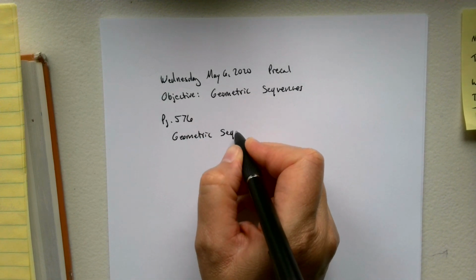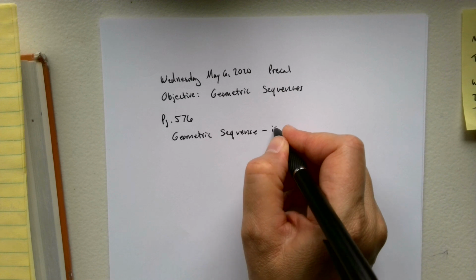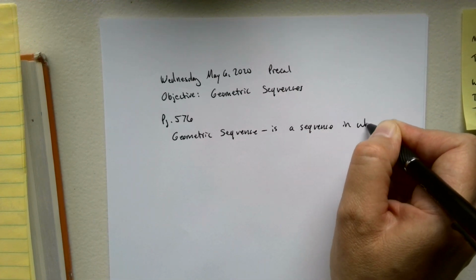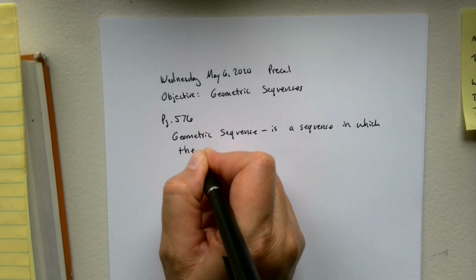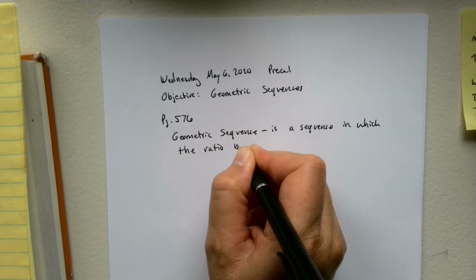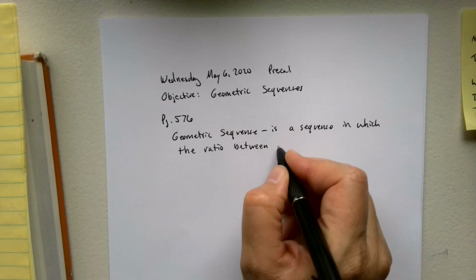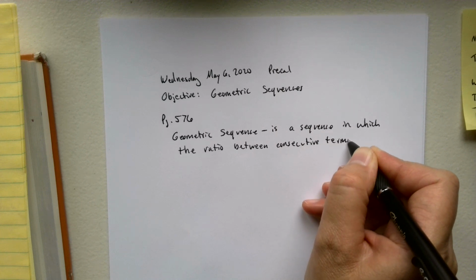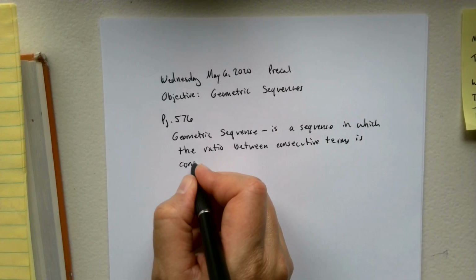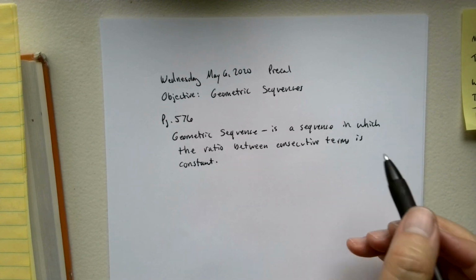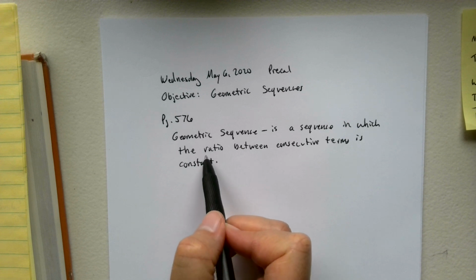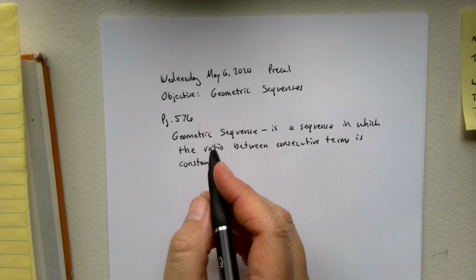A geometric sequence is a sequence in which the ratio between consecutive terms is constant. This definition, if you look back at the definition for arithmetic, it's almost word for word, except with arithmetic it said difference, and with geometric it says ratio.